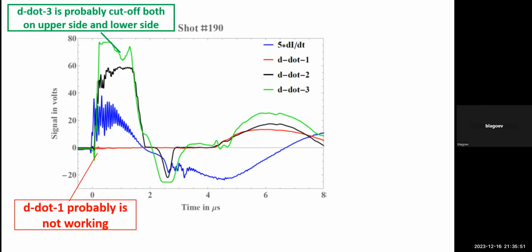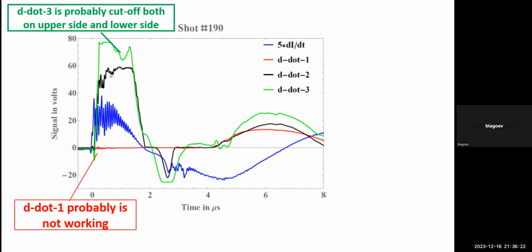This was a detail which Sunil made and sent to me, and now the sensitive part of this D-dot probe is upper. The diameter of this sensitive part is 1 millimeter, and the signal is still too large.